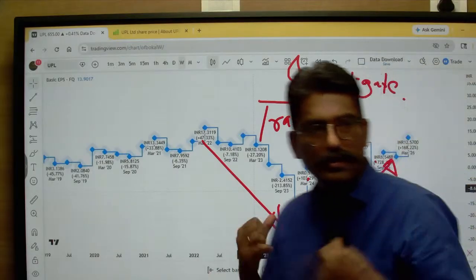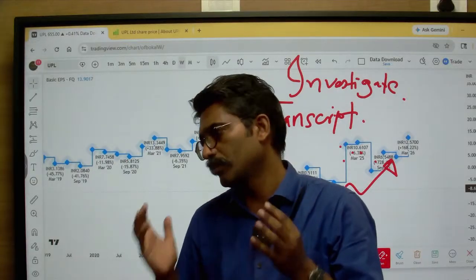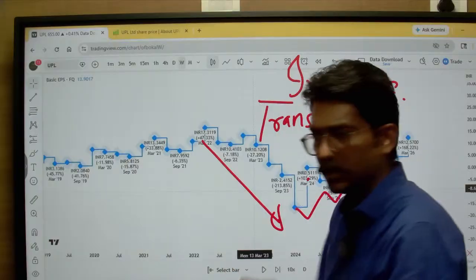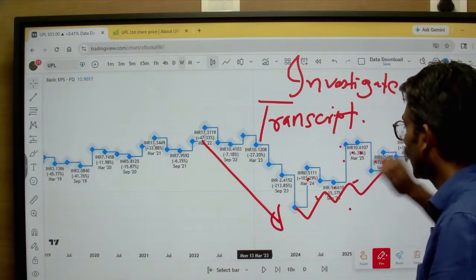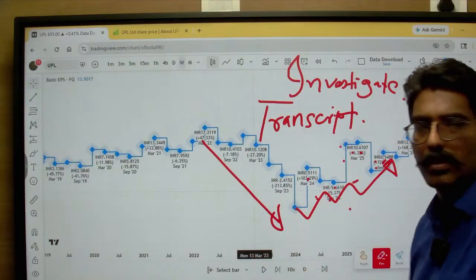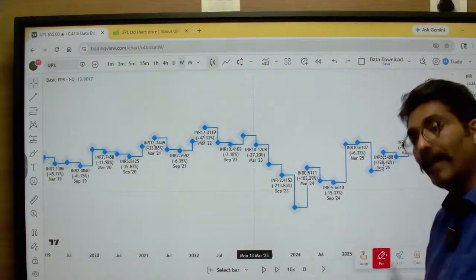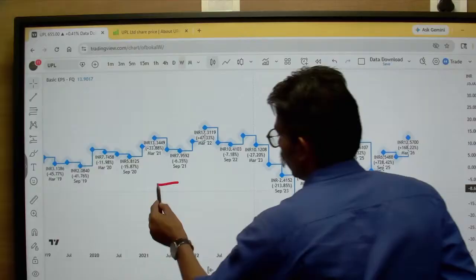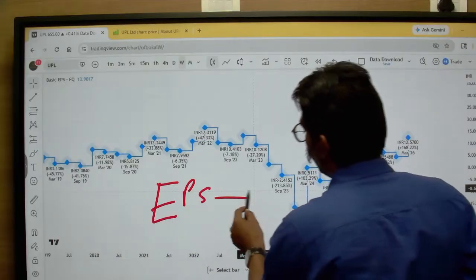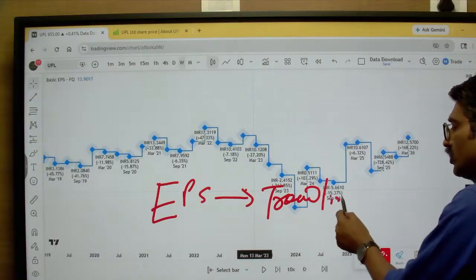Just go and pull out the transcript and figure out why the company has started posting positive earnings, and if it was already posting positive earnings, then why it is going up. So you do a trend analysis, not in the stock price, but in the EPS. No one on the planet, I don't know if anyone is teaching this or not.